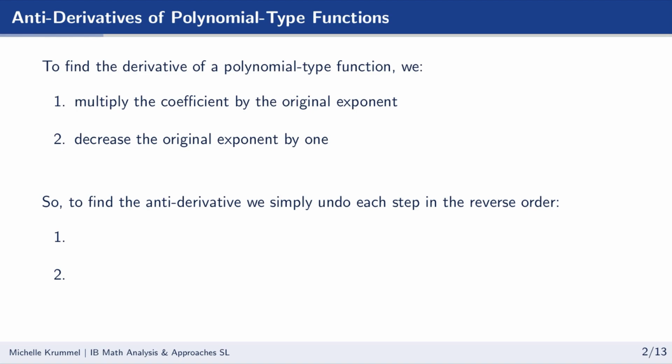So to find the antiderivative, we're just going to undo each of those steps in the reverse order. To undo decreasing the exponent by 1, we are going to add 1 to the exponent.